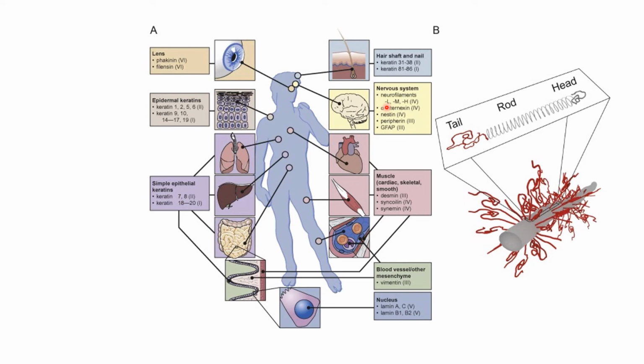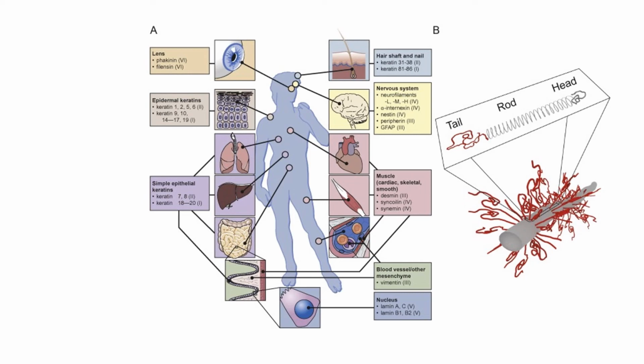There is also the nuclear lamin or the nuclear lamina, as you can see here. It makes up the nucleus, and there is also the nestin that makes up the stem cells.